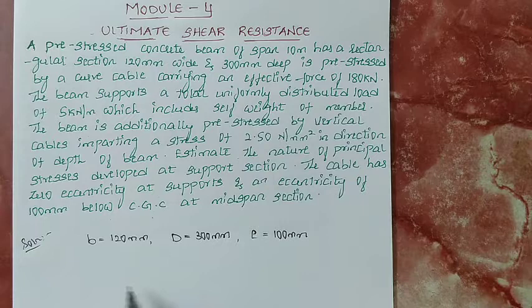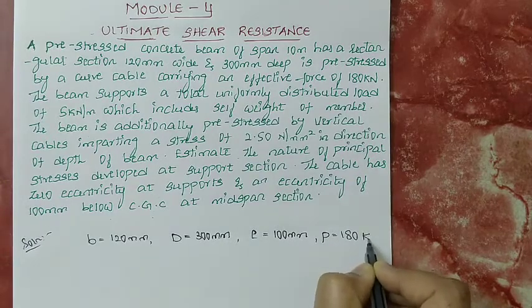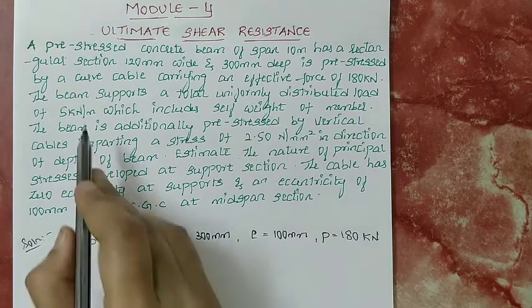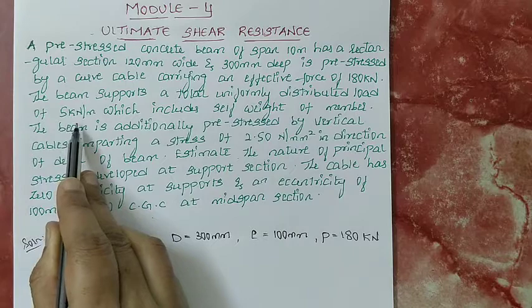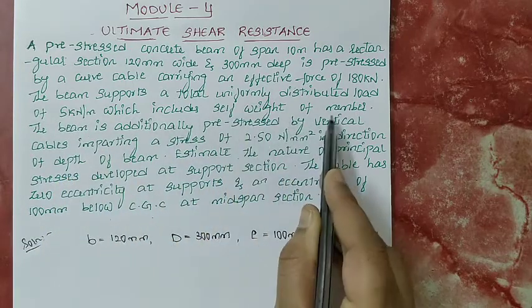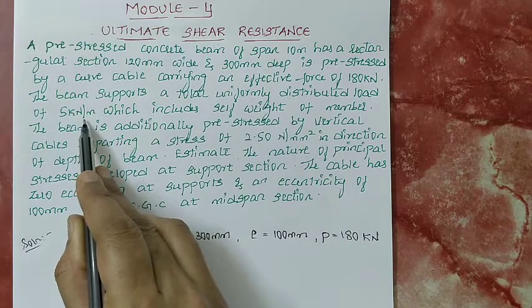Okay, and an effective pre-stressing force they have given, that is P value it is 180 kN. Okay, and the beam supports a total uniformly distributed load of 5 kN per meter, which includes self-weight of the member. The total load they have given, that is 5 kN per meter.